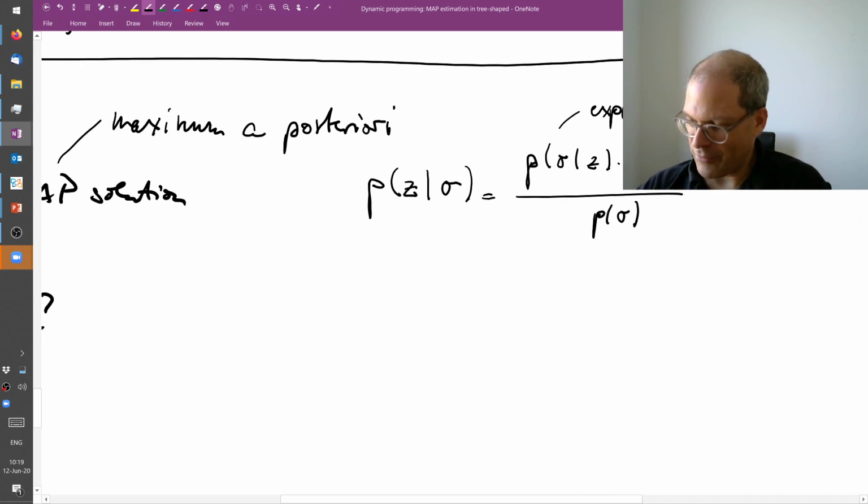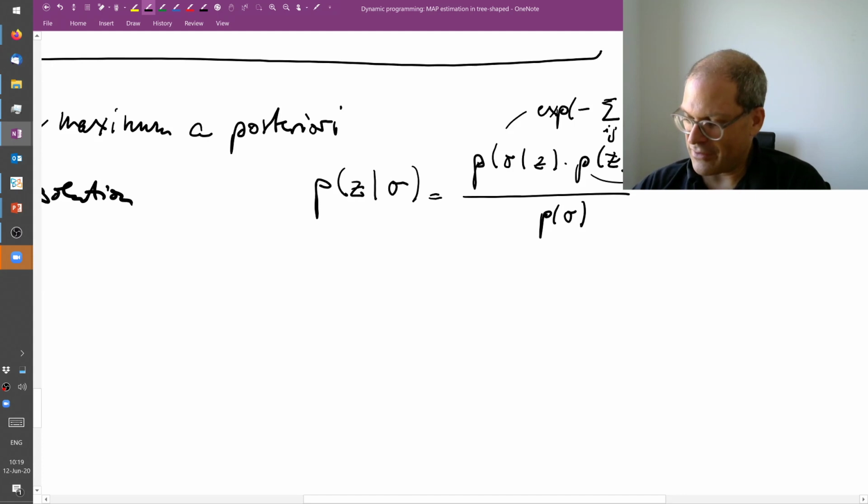So I'm writing here sum over i, sum over j, psi ij of zi zj. And similarly, for the prior, we may have a product over unary priors, or priors for one variable that are independent of the others.